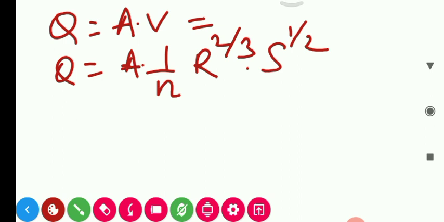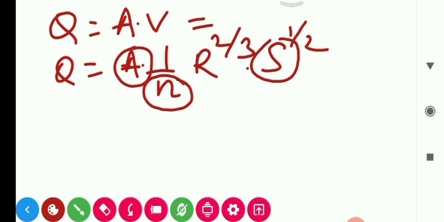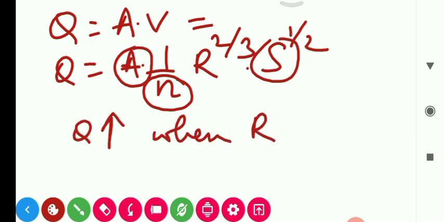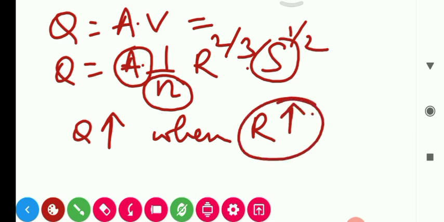Okay, so if we have a certain cross section area, then A is a constant and channel bed slope is constant, and this Manning's coefficient is also constant. So discharge will be maximum when this value of R will be maximum. What is R? R is actually hydraulic radius.